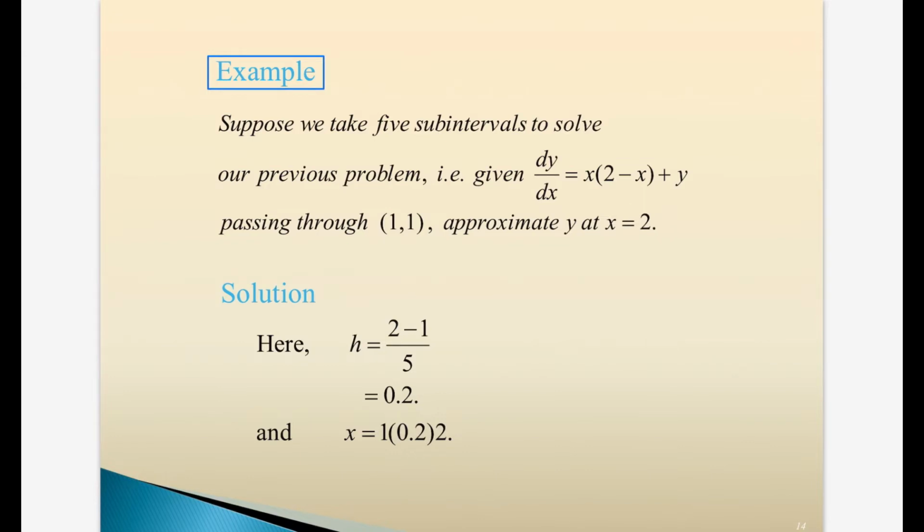Look at this example. Suppose we take 5 subintervals to solve dy/dx equal to x^2 minus x plus y, passing through (1, 1). Approximate y at x equal to 2. The step length h is equal to (2 minus 1) divided by 5, so h will be 0.2. x goes from 1 by 0.2 to 2.